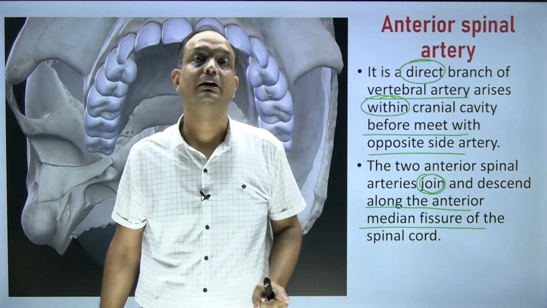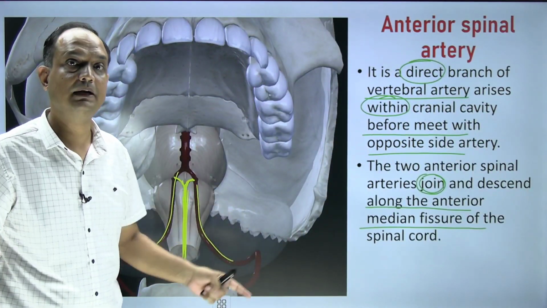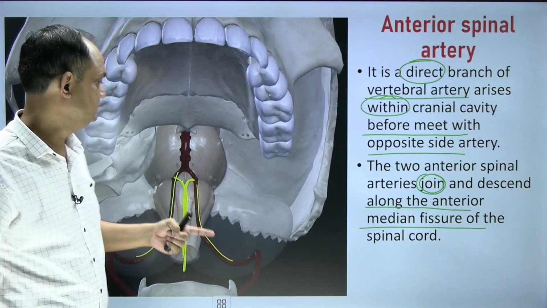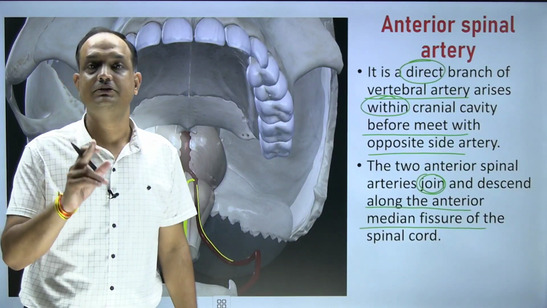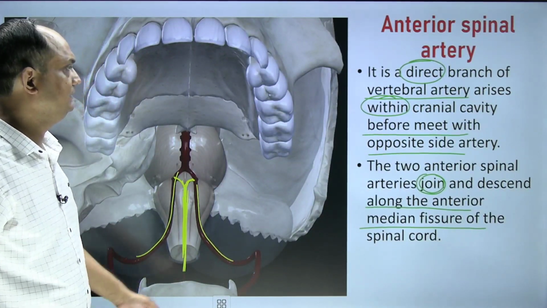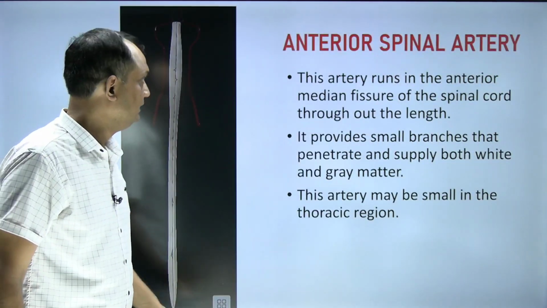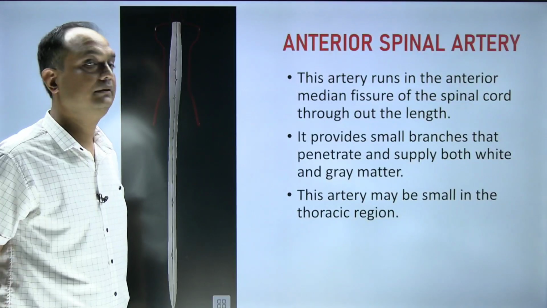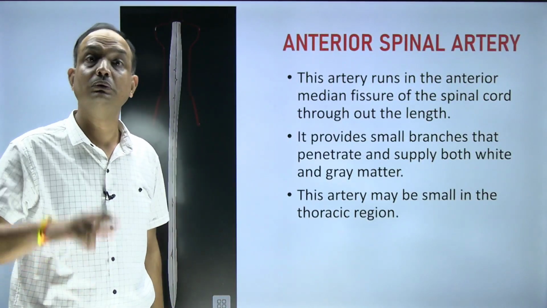So, now we have the concept of the anterior spinal artery. It is an unpaired artery present on the ventral surface, but in terms of origin there are two arteries, and both join with each other to form this single artery. Another important thing is that the anterior spinal artery runs in the anterior median fissure of the spinal cord throughout its length.